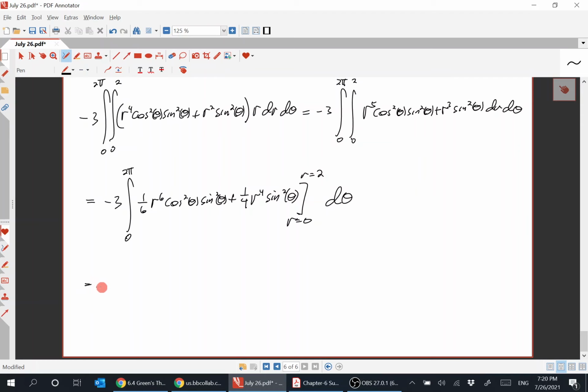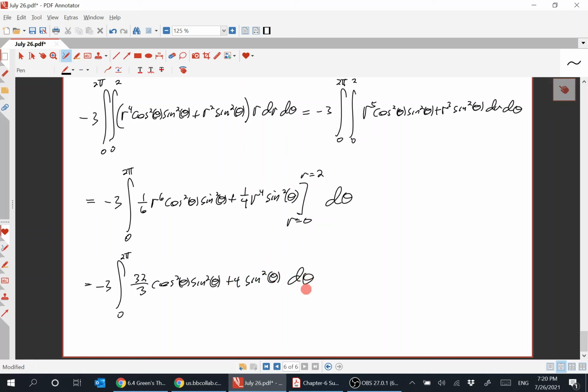So it's equal to minus 3 times the integral from 0 to 2 pi. So 2 to the 6th is 64, so 64 over 6, that's 32 over 3, cosine squared theta sine squared theta, plus 16 over 4, so it's 4 sine squared theta, d theta.